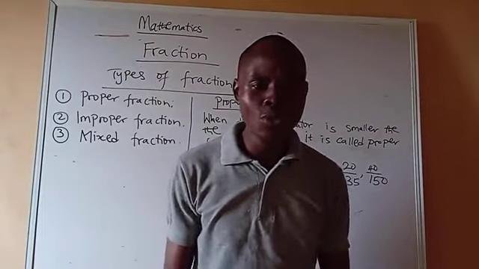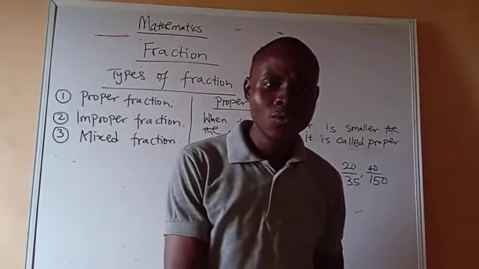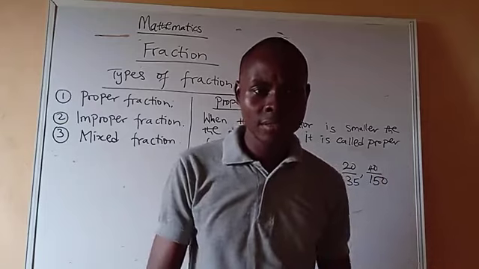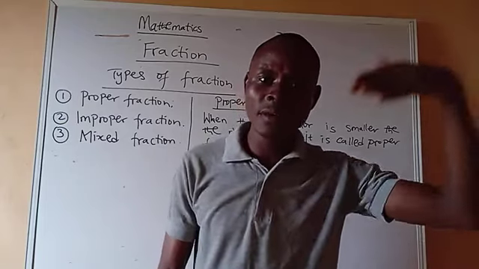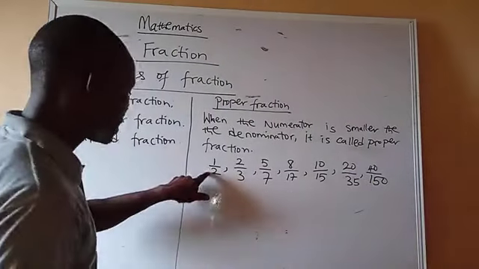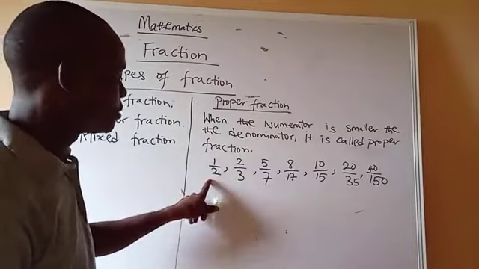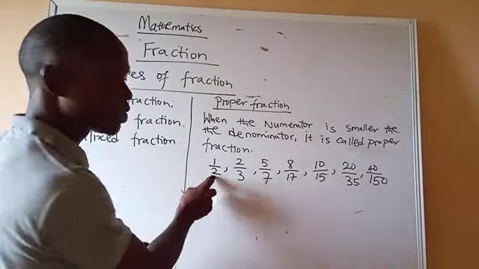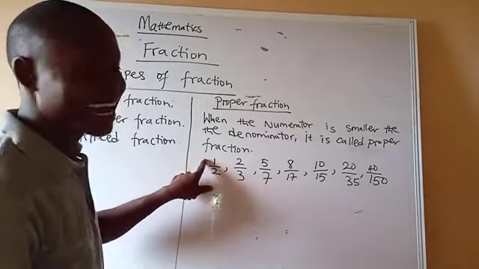Then why do you know that this is a proper fraction? The weight of the one at the top is not being felt by the weight of the one below. So this 2 can easily carry 1 because it's greater. What I tell students is that this 2 is not complaining because it can actually carry 1.